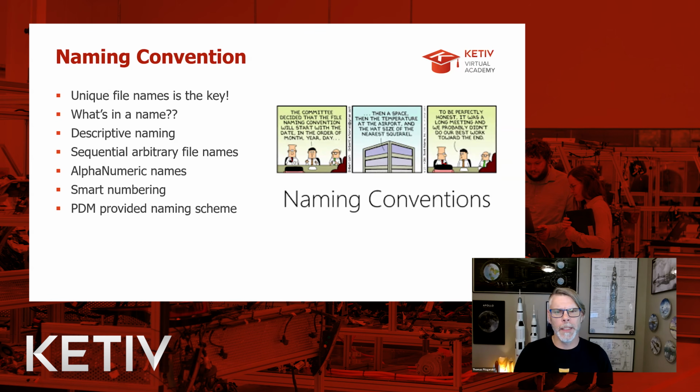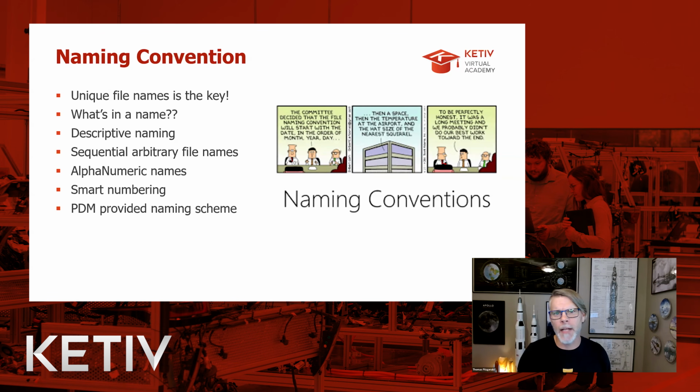And then you need to ask yourself again, well, what's in a file name anyway? We get a lot of customers that use descriptive names for their files. And then we have other customers that use a sequential arbitrary file name, because what's most important is that the file name is unique. And then they use their properties and attributes and other characteristics to delineate between the right file and another file.